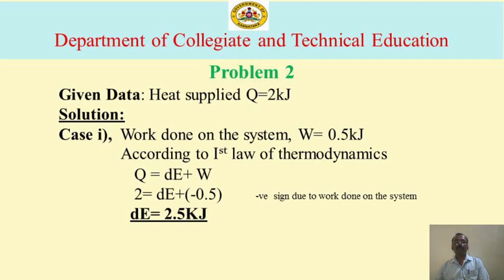According to the first law of thermodynamics, Q is equal to delta E plus W. Here Q is 2, delta E is unknown and work done W is minus 0.5. Therefore delta E is equal to 2.5 kilojoules.